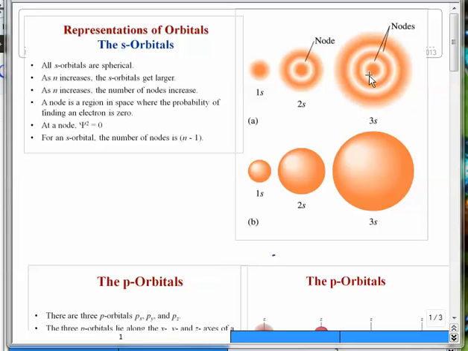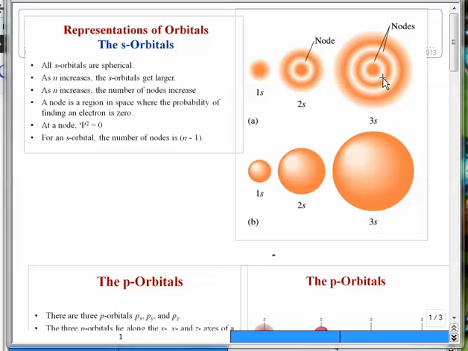Now, as we increase in size and increase the number of n, we also introduce regions represented by this white area that we call nodes. And these nodes, again, are related to the wave-like properties of electrons and in fact of their distribution.